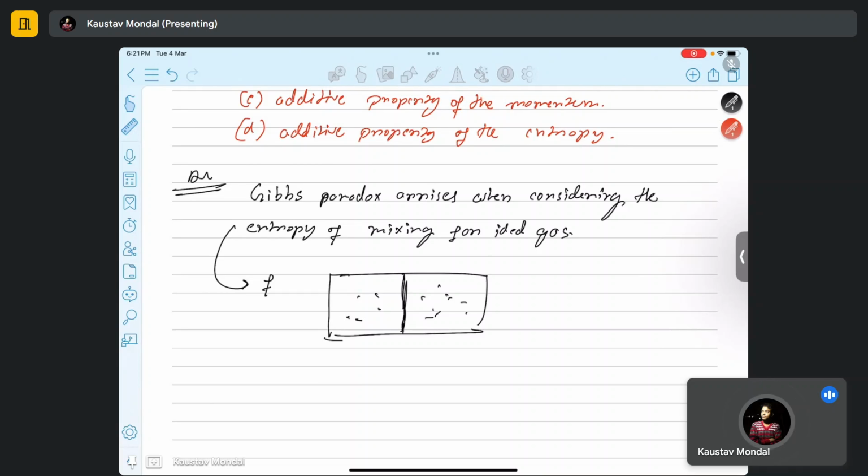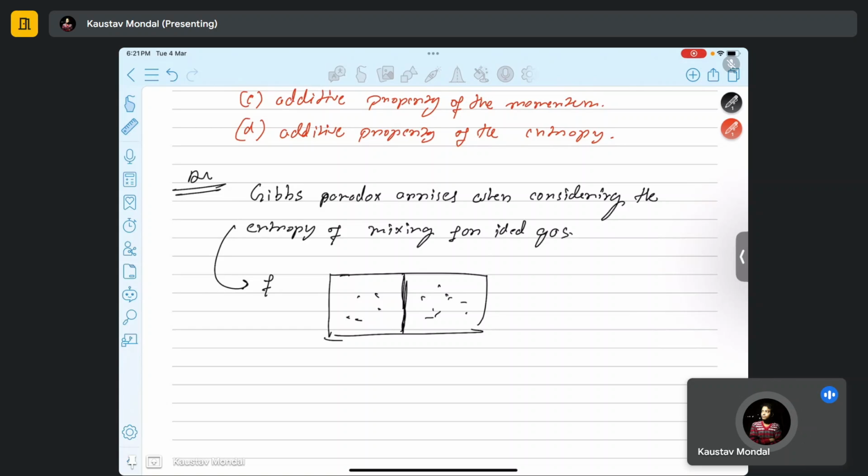Now the Gibbs paradox is basically resolved when you recognize these identical particles as indistinguishable particles, right?